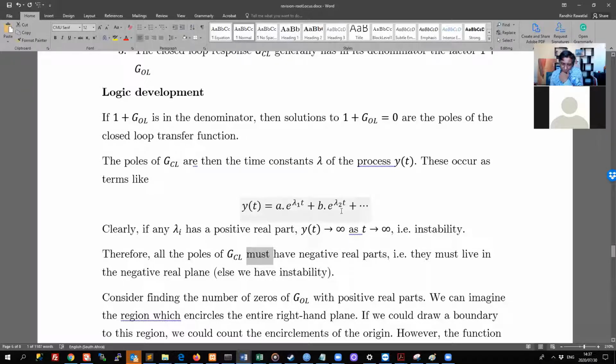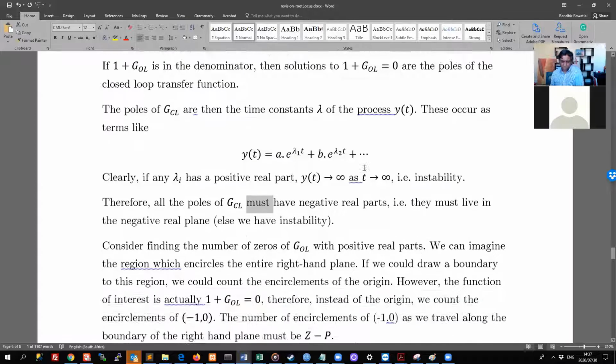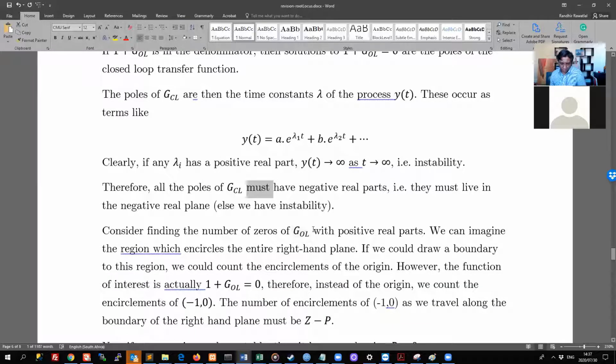So let's carry on. We said we want negative real parts for the time constants, and the time constants are the solutions of this equation. So now let's think about finding those zeros. We want to figure out, do we have any positive real parts?